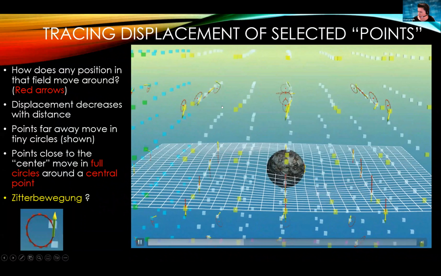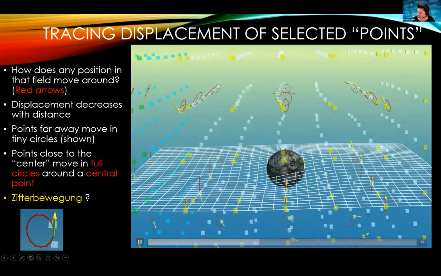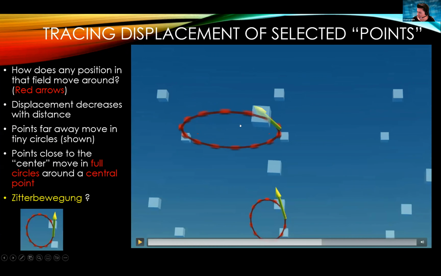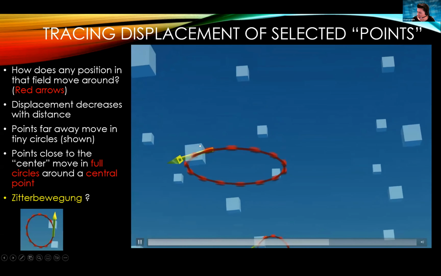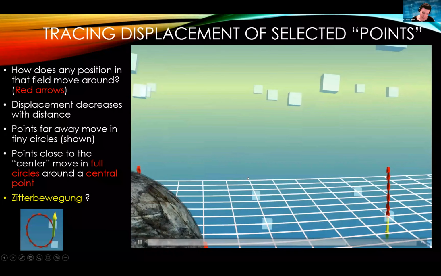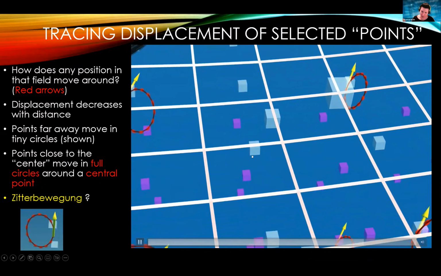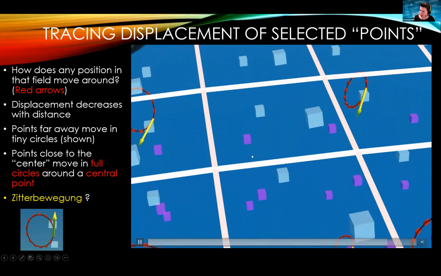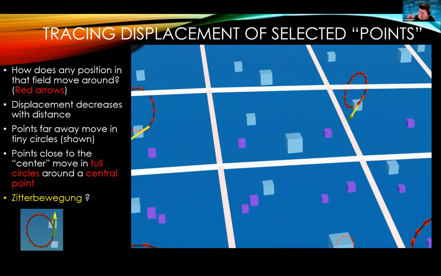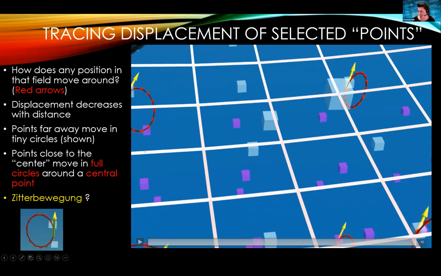And you can see, I'm zooming in here now, that each point is actually making circular movements. It's not a rotation, because it doesn't break space. It's more like a precession movement, like a wobbling motion. So you actually get angular momentum without the rotation. And the movement decreases over distance, obviously.